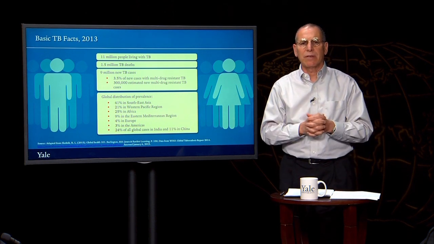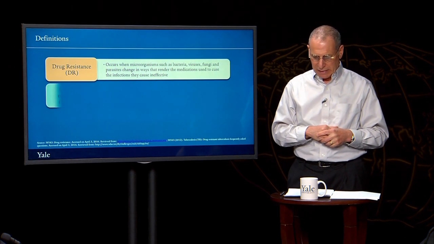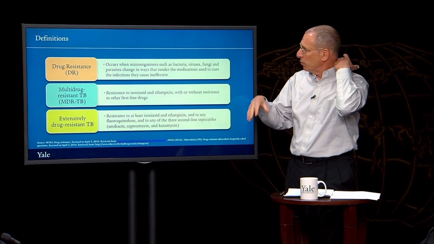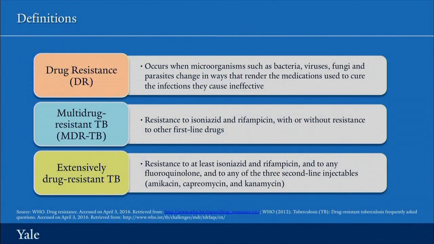Now, drug resistance is a really important issue in the control of tuberculosis. Drug resistance occurs when microorganisms such as bacteria change in ways that render certain medications no longer valuable in addressing them. And for TB, as in malaria and as in many other diseases, drug resistance is a really fundamental issue.